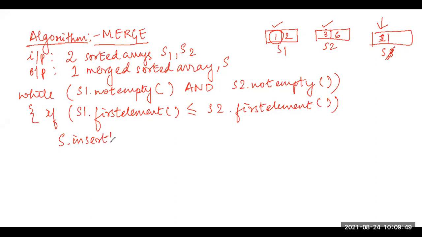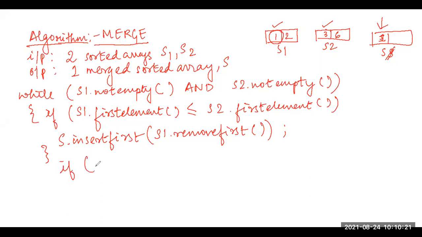In the first location of S, I inserted that element which I removed from S1. Fine. If the opposite happened, that is, if the S2 element was lesser, then I will remove the element from S2 and I will insert that element in S. So just the opposite.